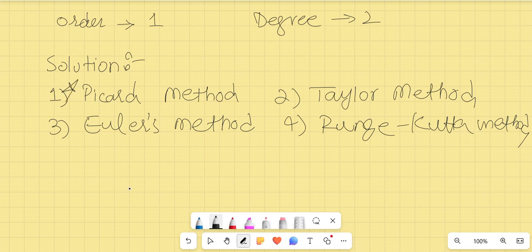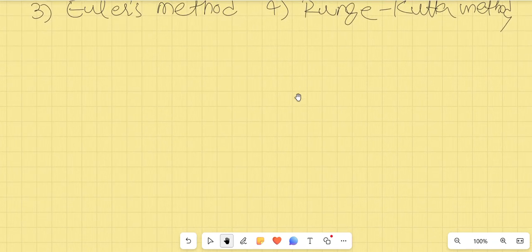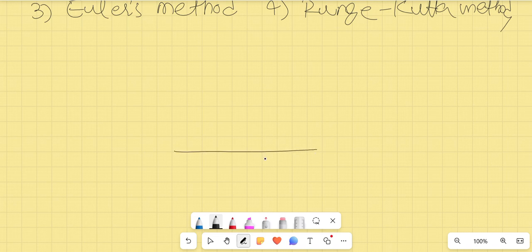Moreover, in this type of question, the important thing is the initial conditions. Always keep in mind that ordinary differential equations don't have only one solution. There is a series of solutions. For example, let's say you are on the ground and there's a person throwing a ball in the air.